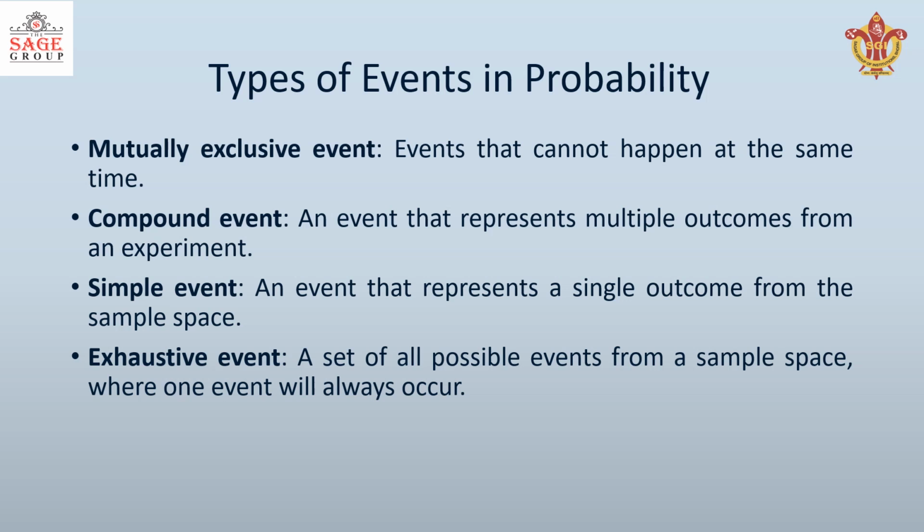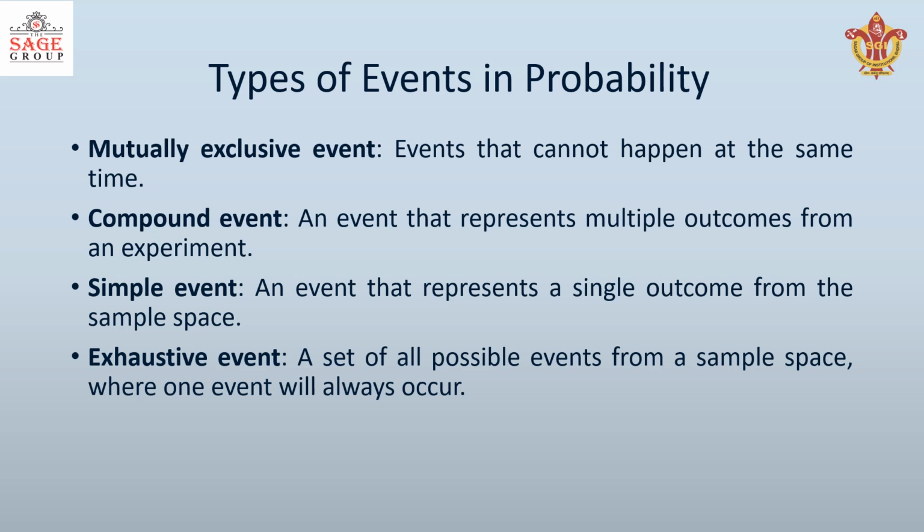Hence, the coming of a head or a tail are mutually exclusive events. Likewise, compound events are events that represent multiple outcomes from an experiment. So we may be talking about several outcomes in succession. Such are examples of compound events.